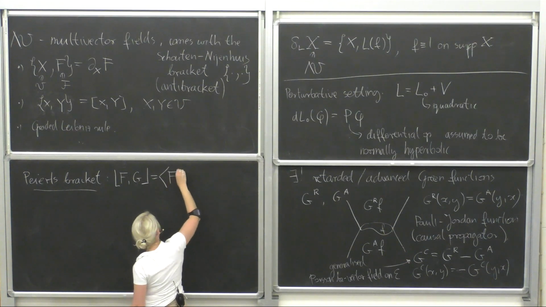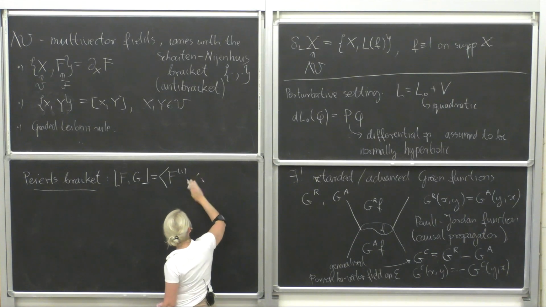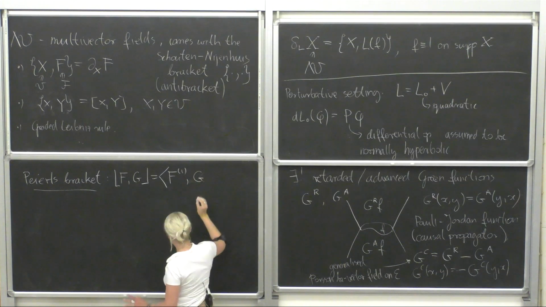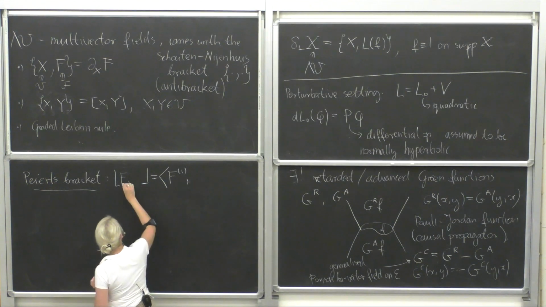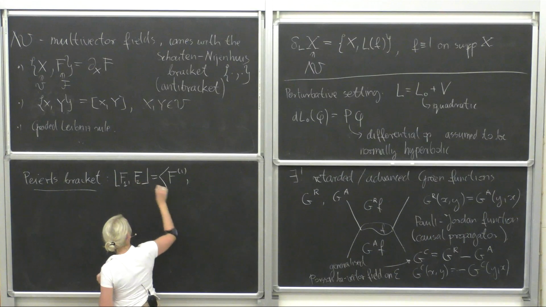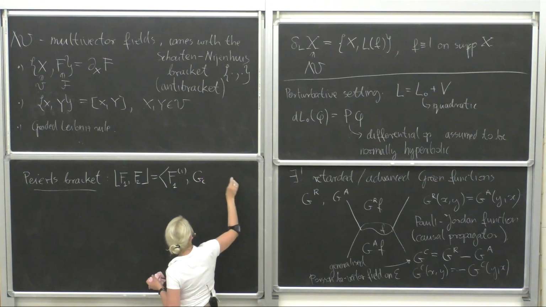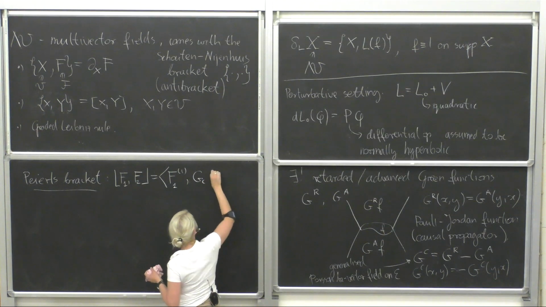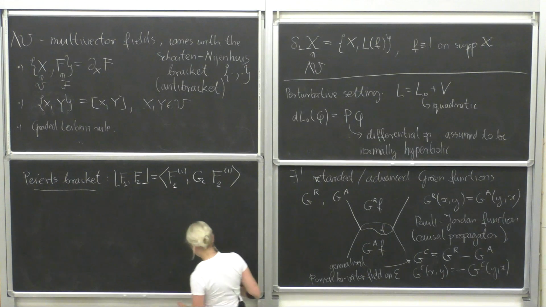So take the derivative, okay, then contract it with... Aha, okay, maybe not G, sorry. Bad notation. F1 and F2. Okay, take derivative contracted with GC applied to F2 derivative.